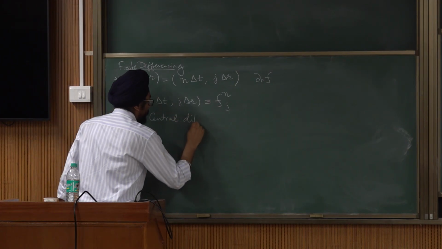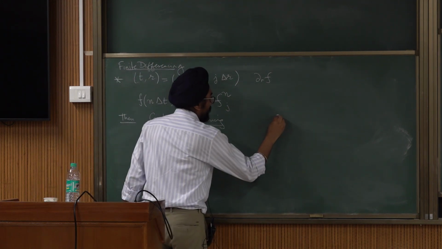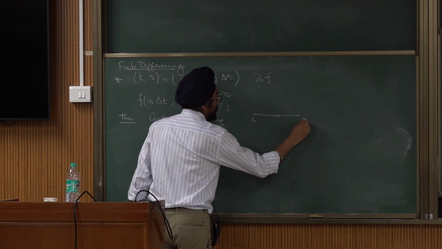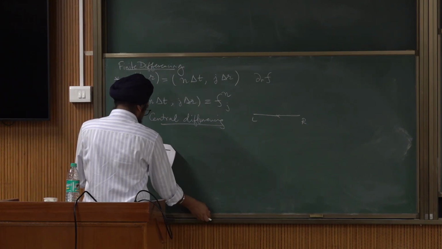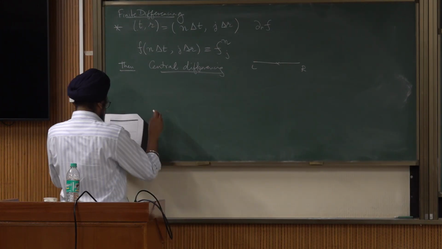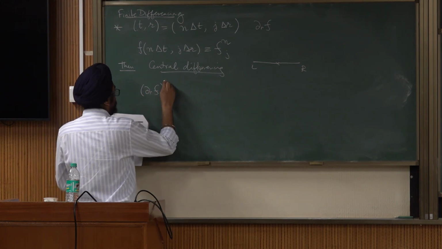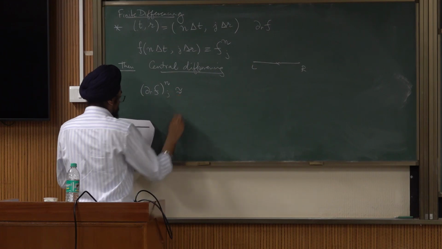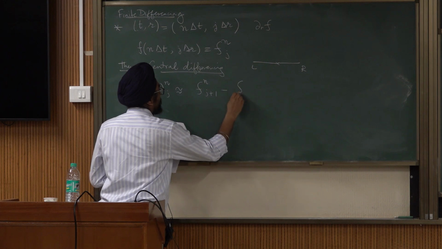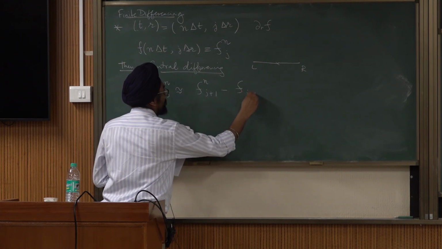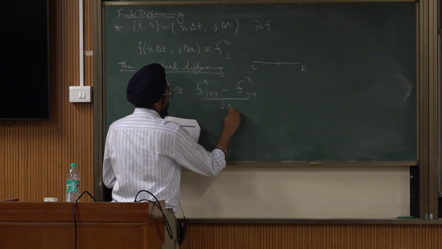The method which is usually used is called central differencing, which basically uses both left and right to define the derivative at that point. In this scheme, del r f at a point n j is essentially f n j plus 1 minus f n j minus 1, since they are twice away, divided by 2 delta r.